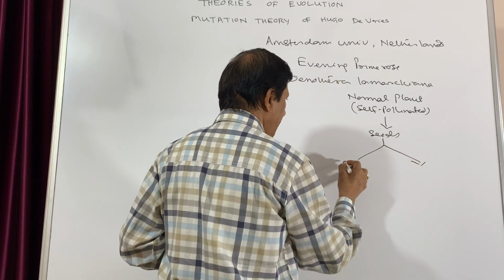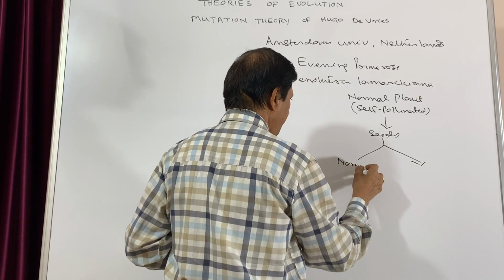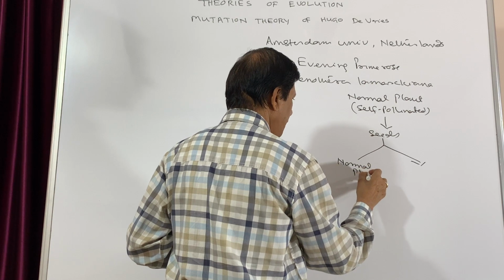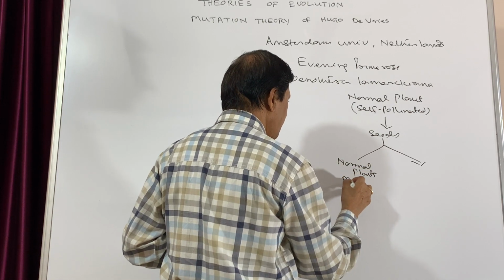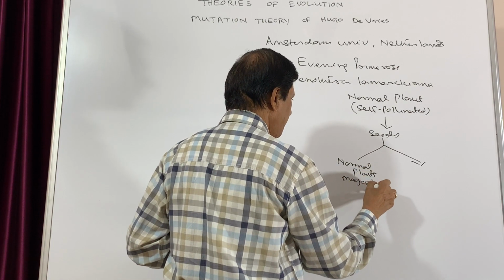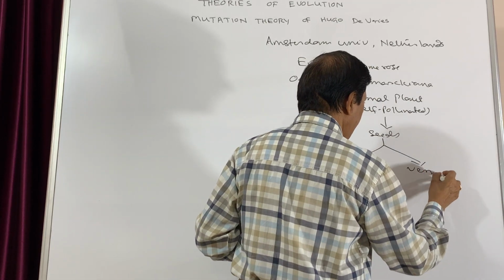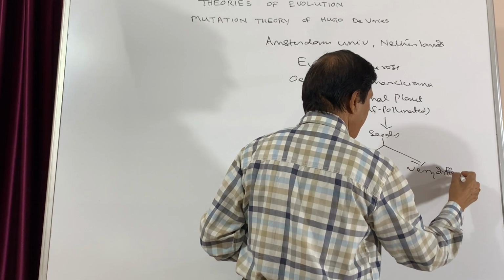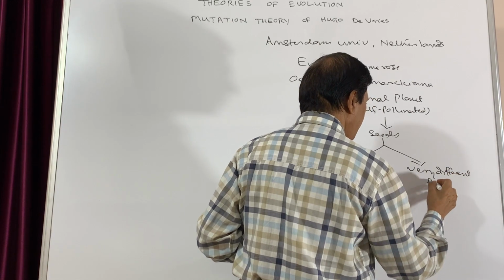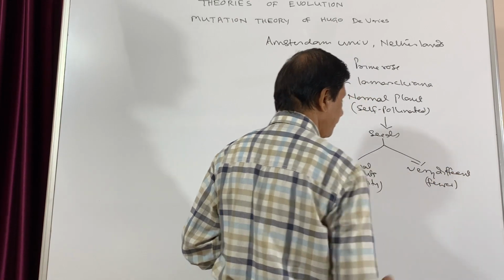Some are normal plants, and these plants were the majority. The majority of the plants were normal, while some plants are very different, but their number was fewer.